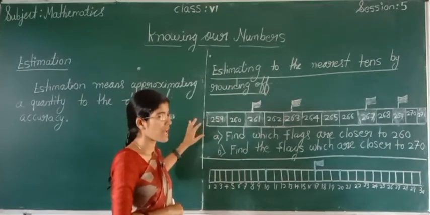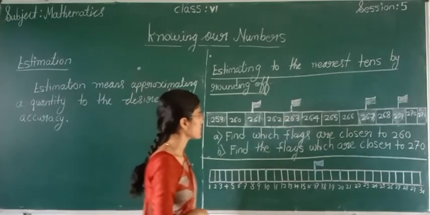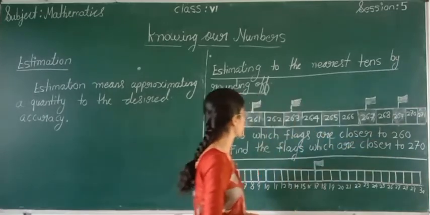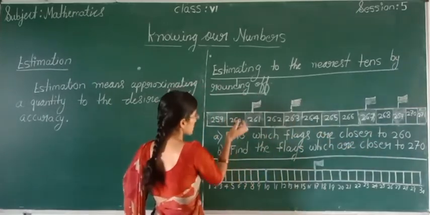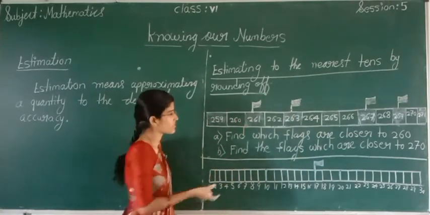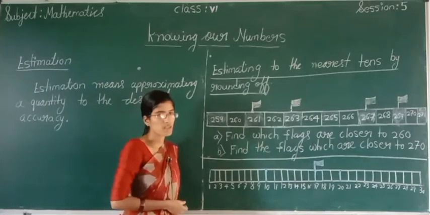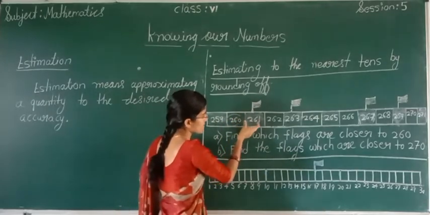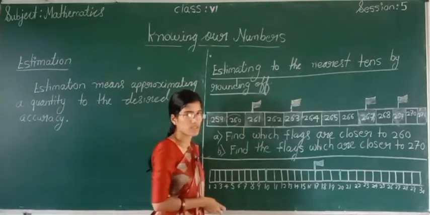Now I will ask one question. Now here tell me, find which flags are closer to 260. Here 260 is there, no? For 260, which flag is closer? Definitely your answer may be 261.